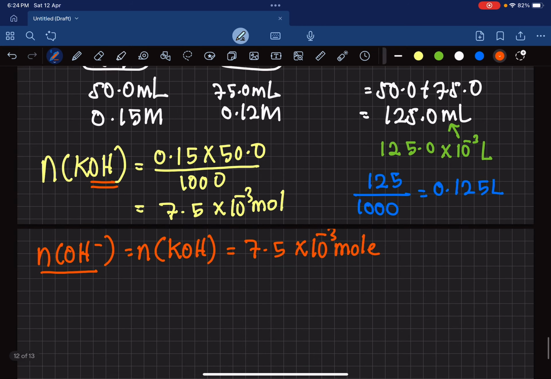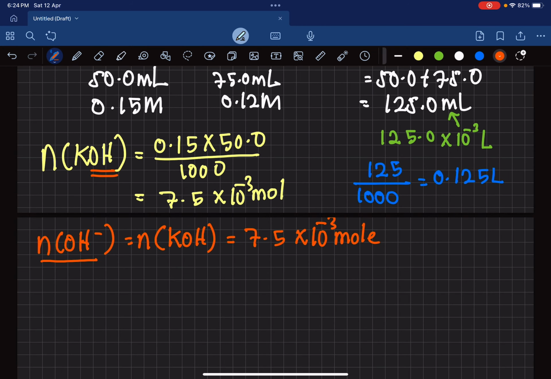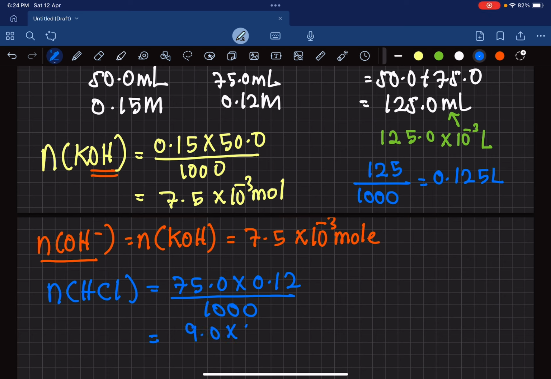Let's do the acid. The number of moles of HCl is 75 times 0.12 divided by 1,000, and you get 9.0 times 10 to the power of -3 moles of HCl.